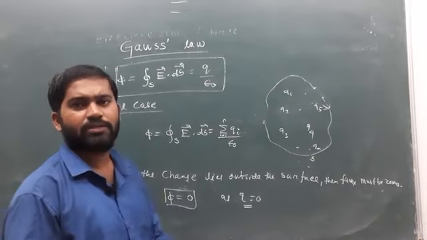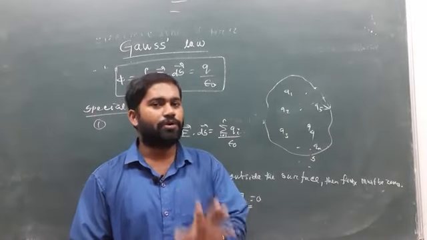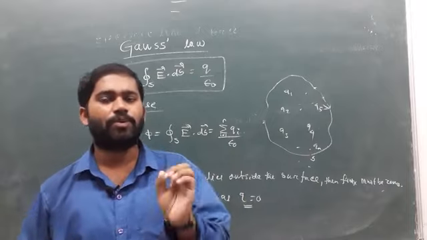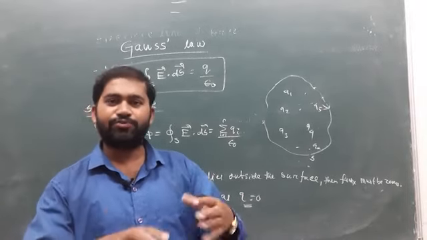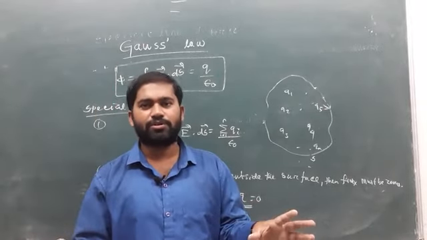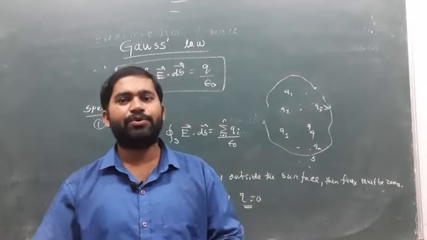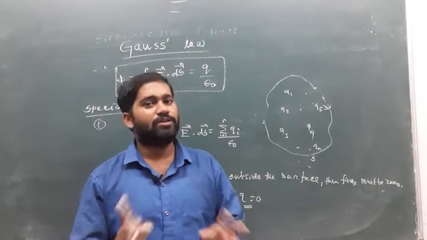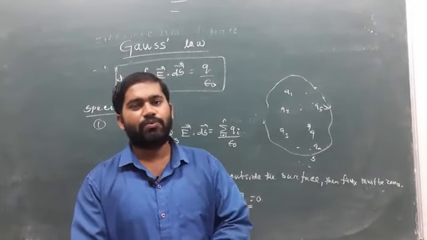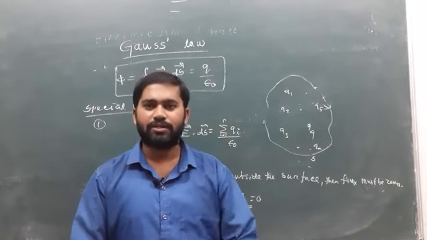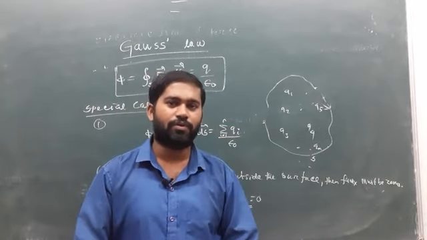The important thing you have to remember is that the flux does not depend upon the shape of the surface. That means if we increase the radius of the surface to twice, if we increase the volume of the surface, then the flux remains unchanged. When we change the charge, there must be a change of flux.